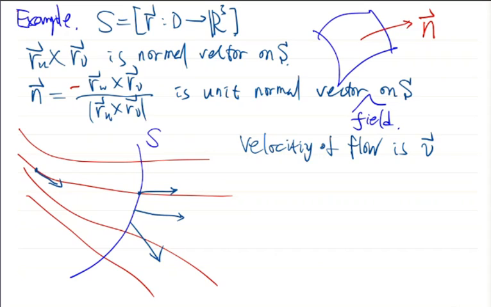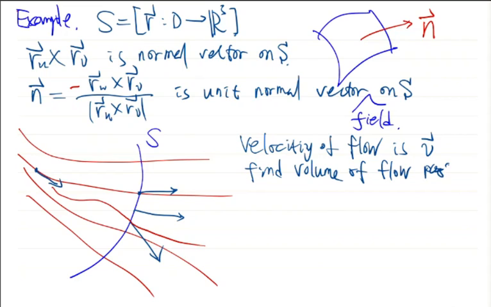So at the points on S, we want to consider the volume of flow passing through this surface in unit time. The question is, we want to find the volume of flow passing S per second. So how to solve this problem?